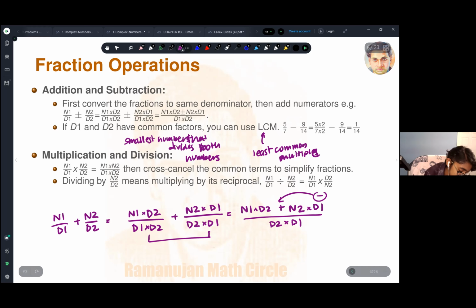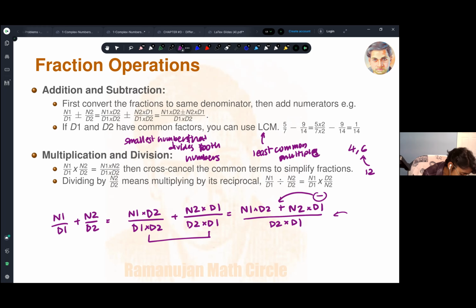So the LCM of, let's say 7 and 20, maybe not the best numbers. Let's see, 4 and 6. The smallest number that divides both 4 and 6 is 12. So the LCM is 12. However, if you multiply as I did here, you'd end up getting 24, which is a little larger. So you can use the LCM occasionally, but you won't go wrong if you use this.